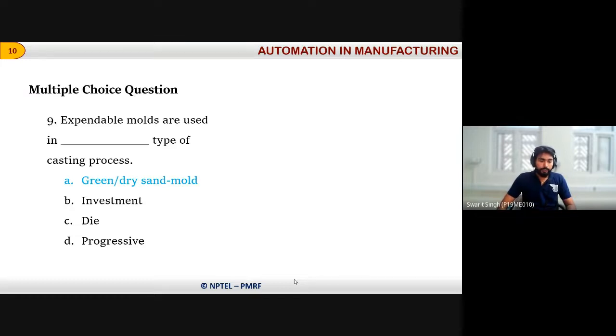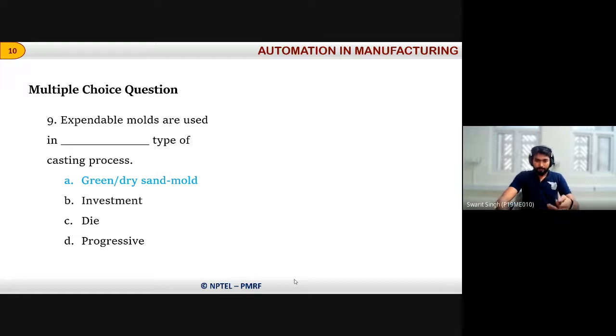Those molds are made of hard material, maybe metal, and every time we can use the same molds. Expandable molds are for single use. We make a mold for a component, pour the molten metal inside it, and once it is solidified, we break the mold.